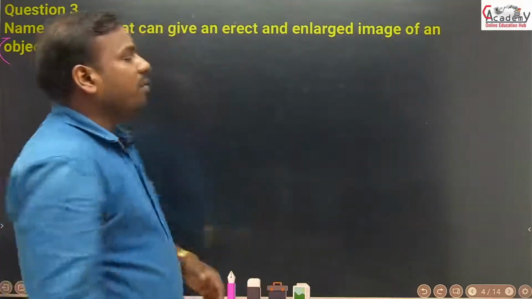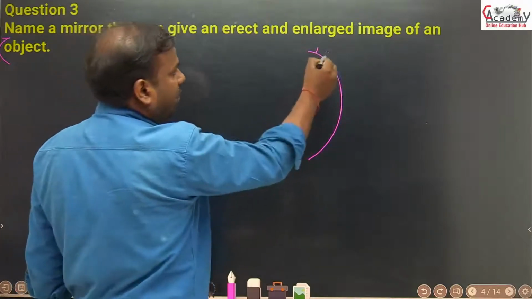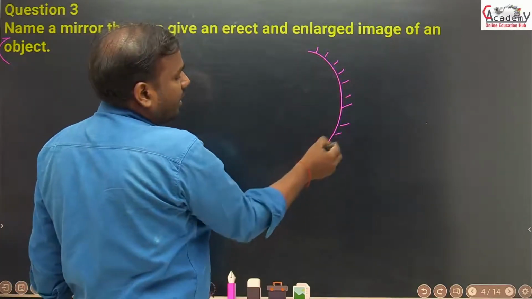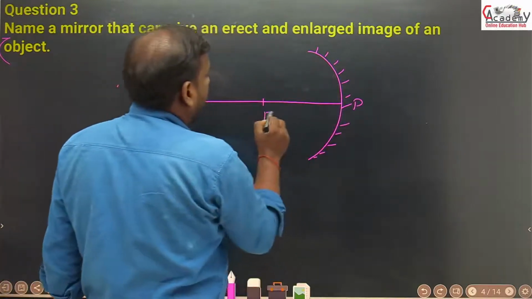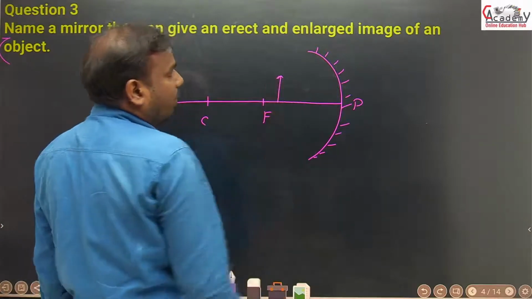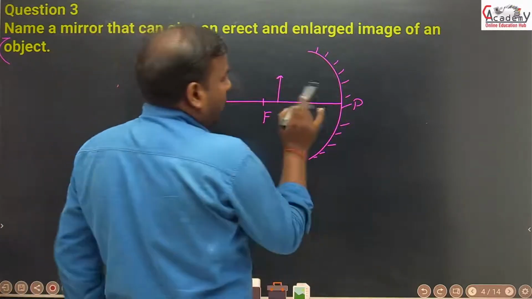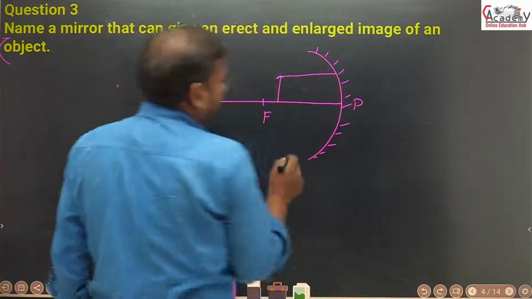Image formation by the concave mirror. Look here, that is the concave mirror, and that is the pole, focus and center. When the object is placed between focus and pole, we get an image. Which type of image do we get?